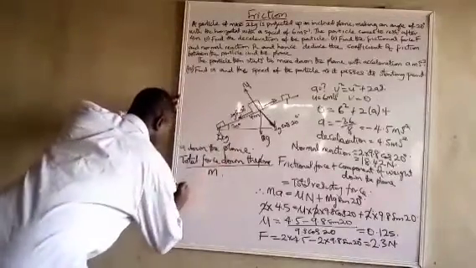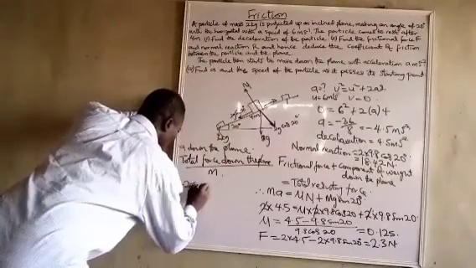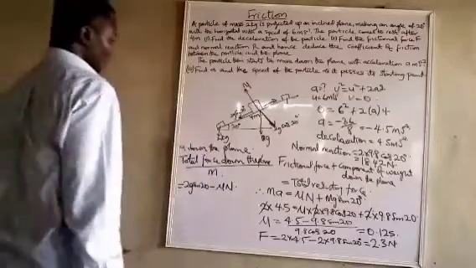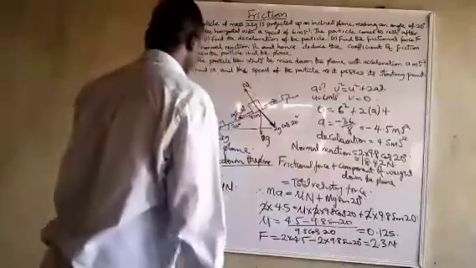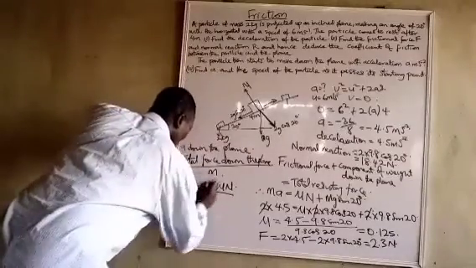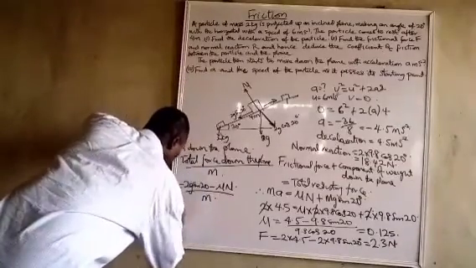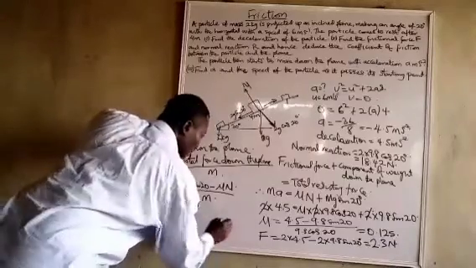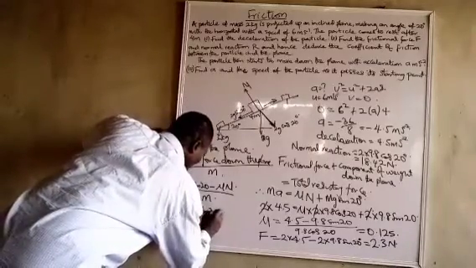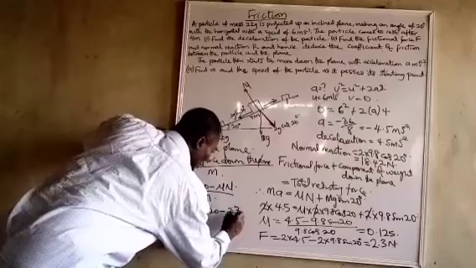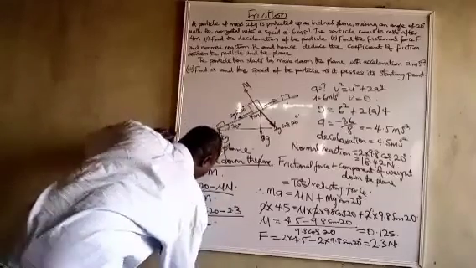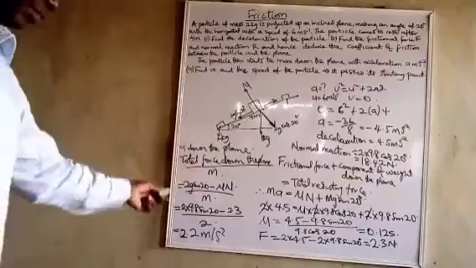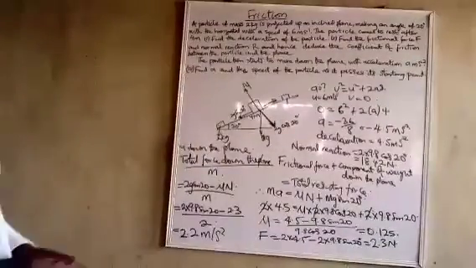Now we have 2g sin 20 minus mu N, and we know that still gives us this, divided by m, which is equal to 2 times 9.8 sin 20 minus 2.3 over 2, and that gives 2.2 meters per second squared.